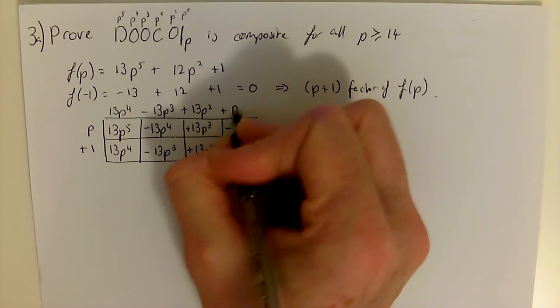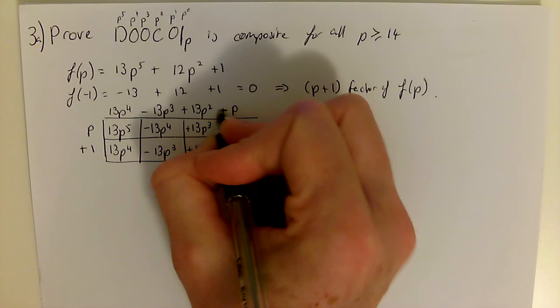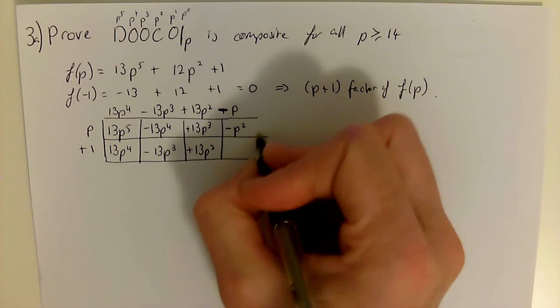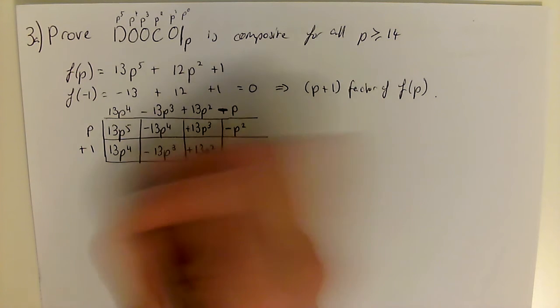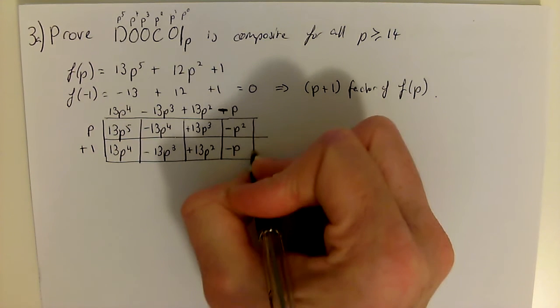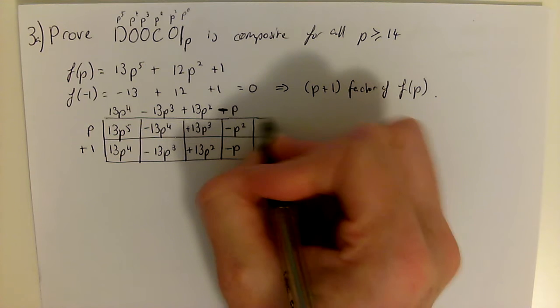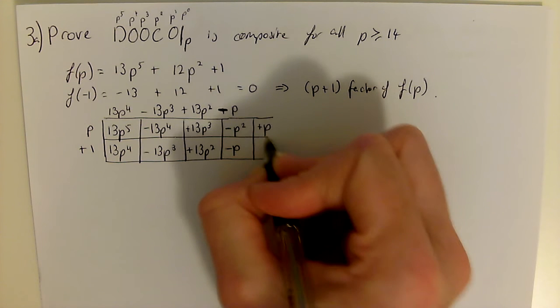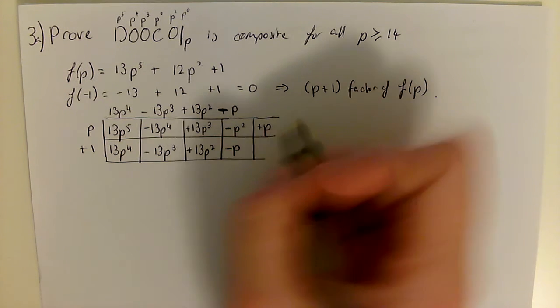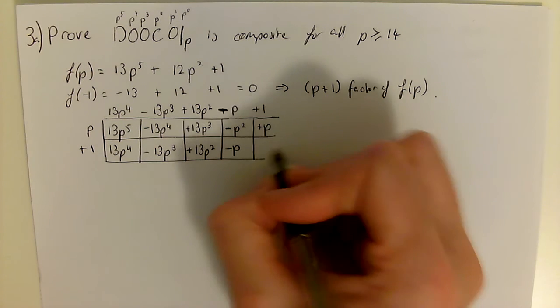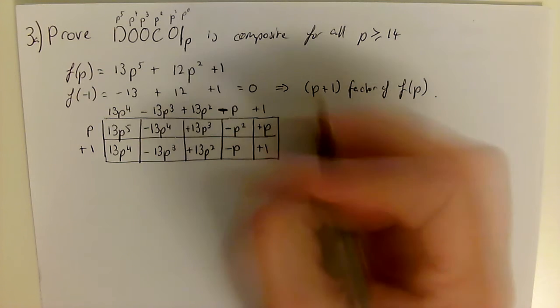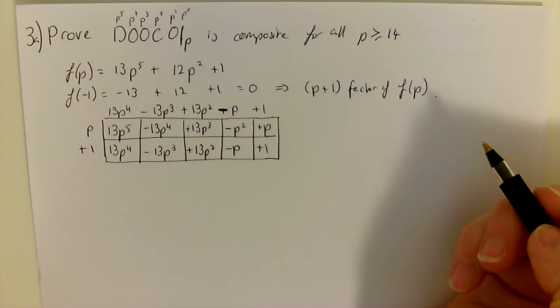So I'll need to multiply p by negative p to give me negative p squared. And if I multiply by 1, I get negative p. However, I don't want any p to the 1, so I'm going to add p. And p times 1 gives me that, and 1 times 1 gives me the plus 1, which is fine. That's where we finish.